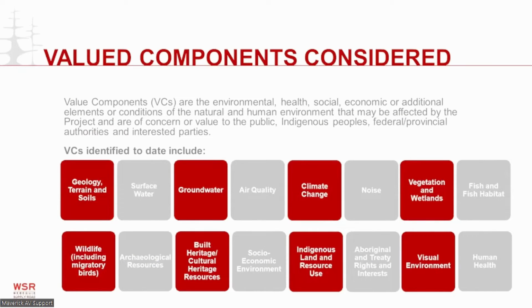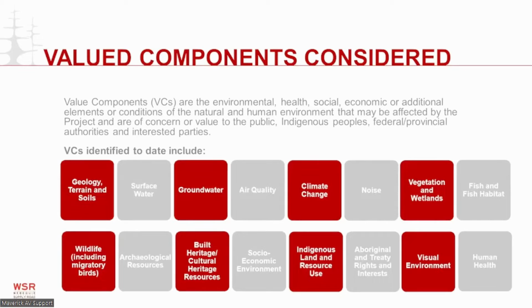Valued components are the environmental, health, social, economic, or additional elements or conditions of the natural and human environment that may be affected by the project and are important to community members, are of concern or value to the public, Indigenous peoples, federal, provincial authorities, and interested parties. They are what people are concerned about.